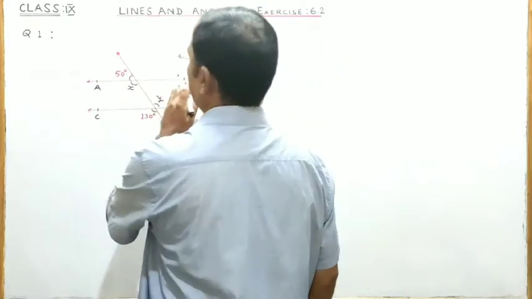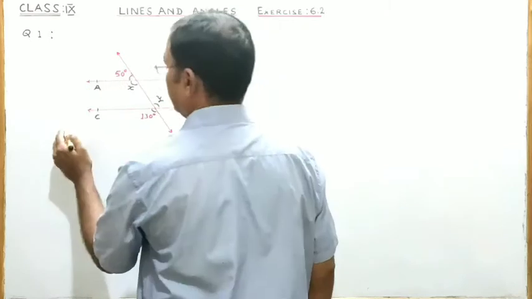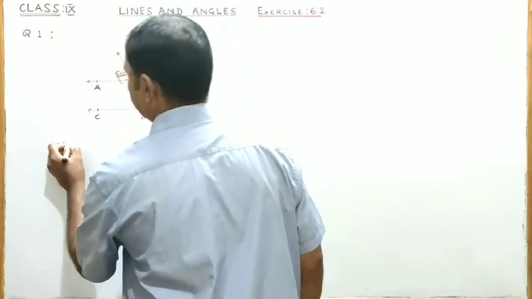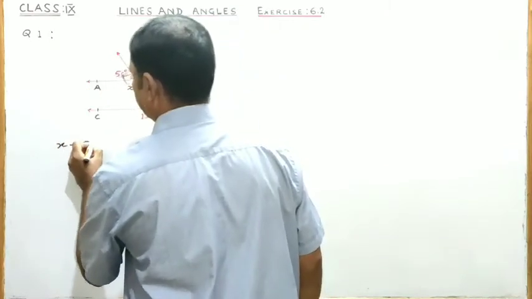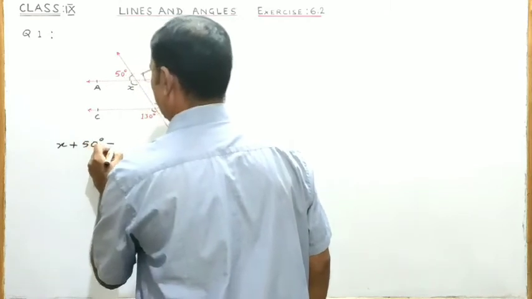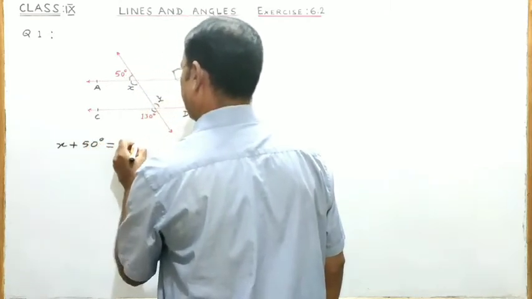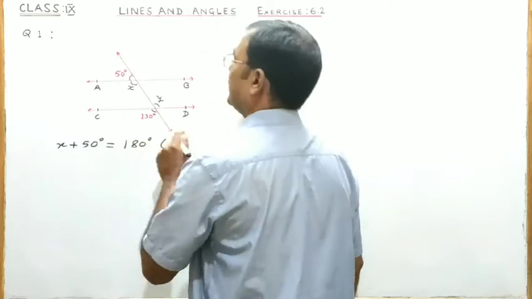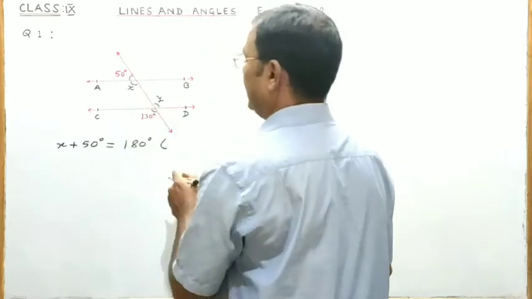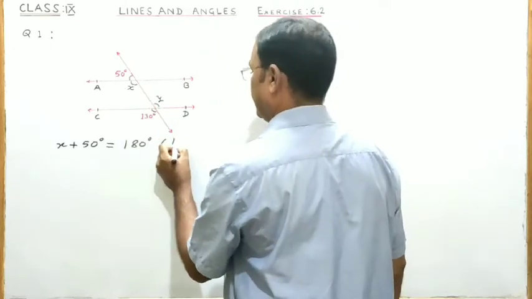AB is a straight line, so x plus 50 degrees is equal to 180 degrees because they form a linear pair of angles.